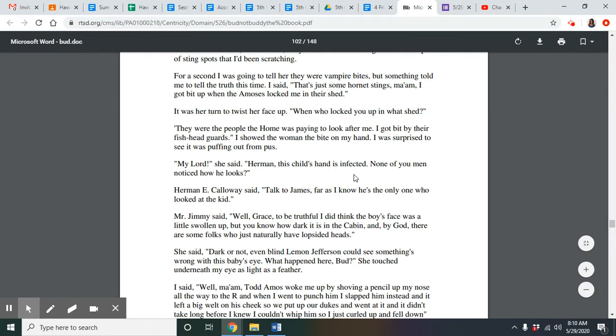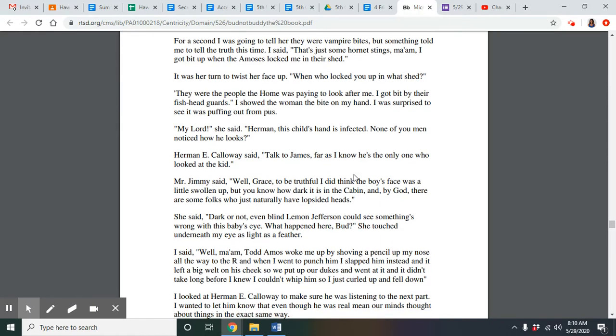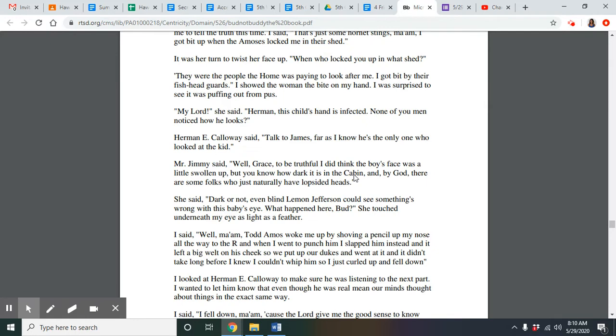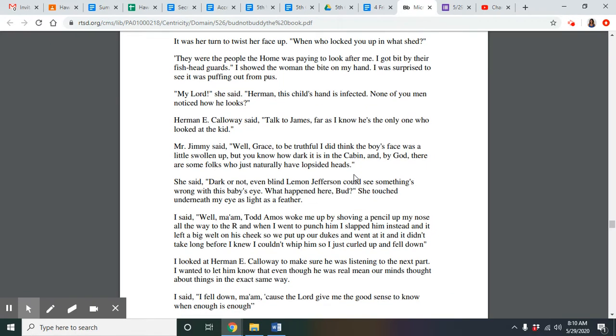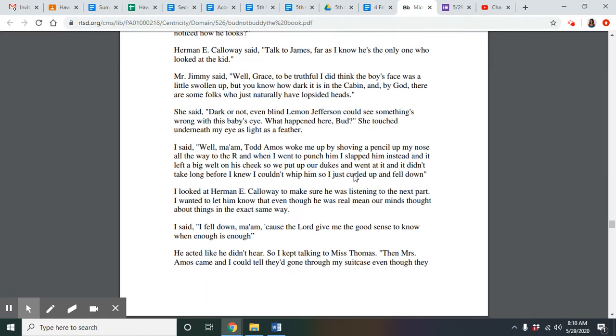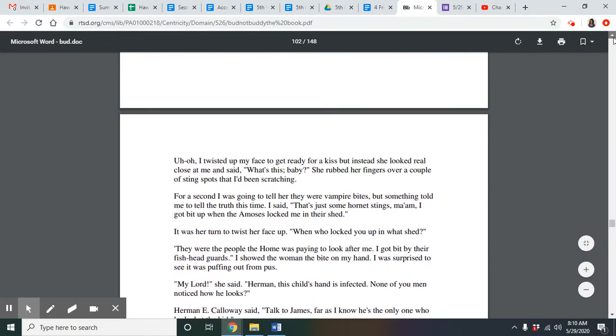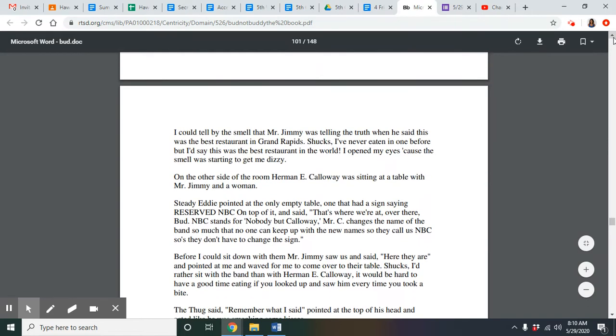So she's asking these questions, trying to figure out why he looks the way he looks and his physical features right now. Why is he cut up? Why does he have these bug bites? And she's very concerned about his well-being compared to how Herman E. Calloway was, when he really didn't care to even talk to him because as soon as Bud came in, he accused him of being his father.